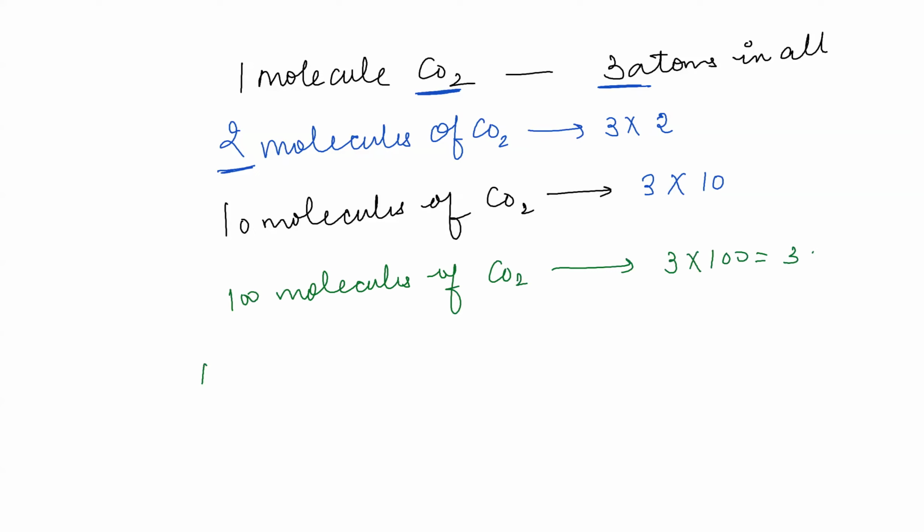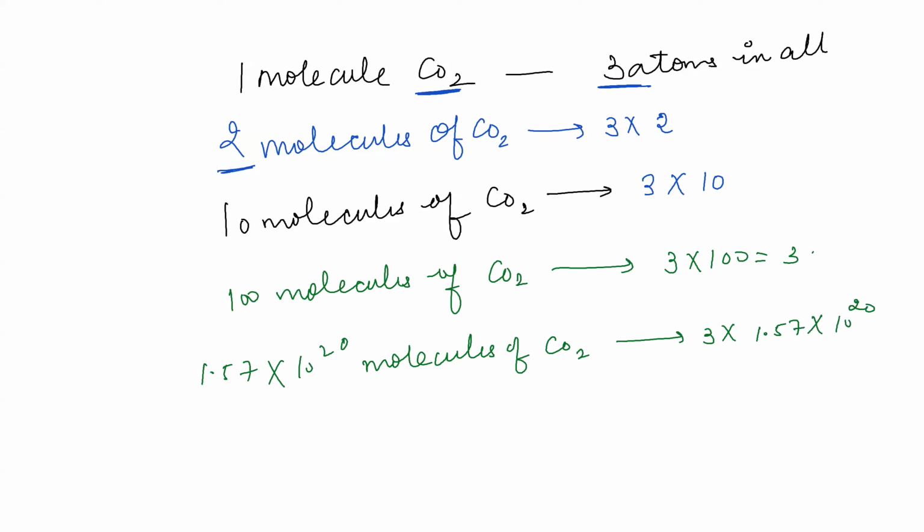So if I have 1.57 into 10 raised to power 20 molecules of CO2, then it is going to be 3 into 1.57 into 10 raised to power 20 atoms. Understood my point?